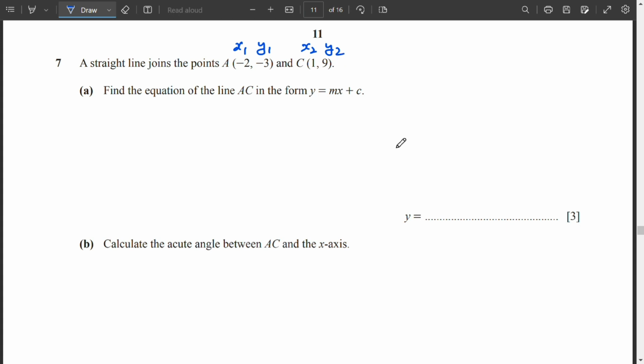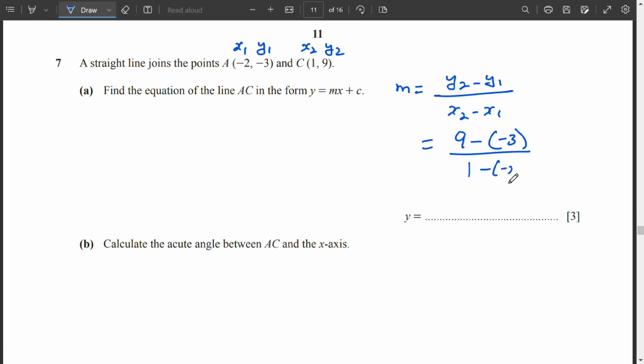Okay, we know the slope formula is m is y2 minus y1 upon x2 minus x1. So using this, y2 minus y1 is 9 minus of minus 3. 9 minus, because y1 is actually minus 3, that's why minus 3 upon x2 is what, 1 minus x1 minus of minus 2.